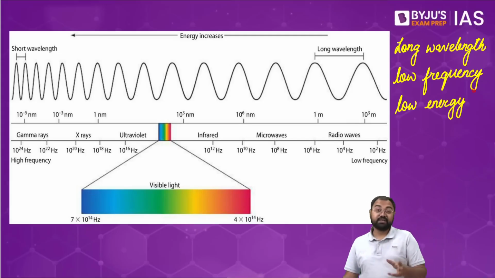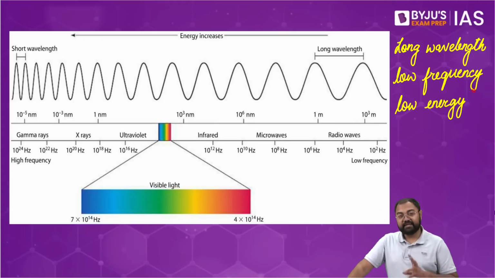Energy and wavelength are inversely proportional, meaning that whenever you have any wave that has long wavelength, it will have low energy. All right, it will have lesser energy if it has longer wavelength.